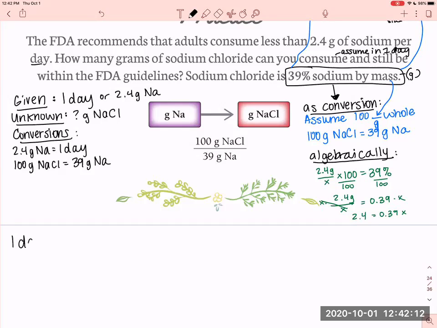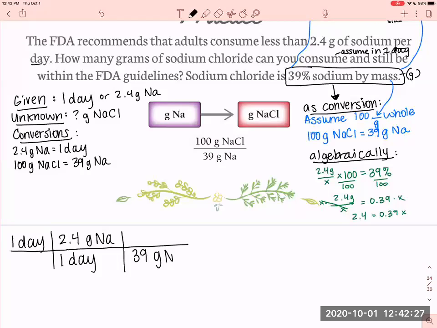If you start with 1 day, which is totally fine if you skip this part, you'll see that you'll get the same answer. For every day, we can consume 2.4 grams of sodium. And then 39 grams of sodium gives us 100 grams of sodium chloride, because I can manipulate my percentage in that way.